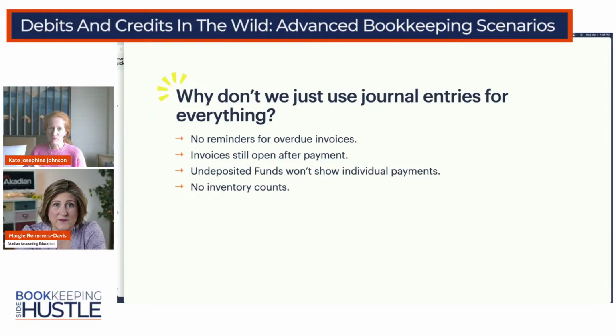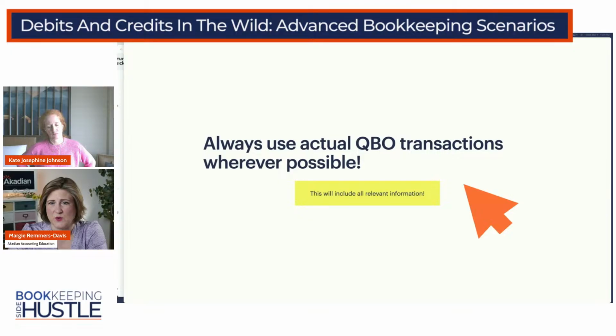If you've got inventory, the journal entry doesn't affect the inventory counts, and it doesn't calculate sales tax if you're doing it that way. So you always want to make sure that you're using QBO transactions whenever possible. So what are some times when you would use journal entries?